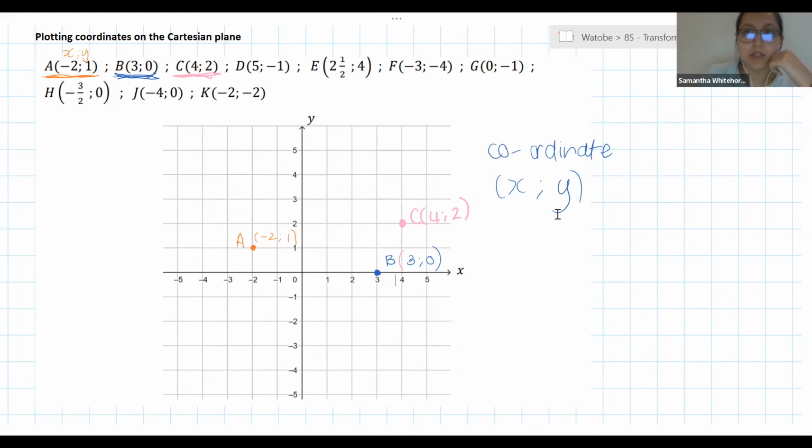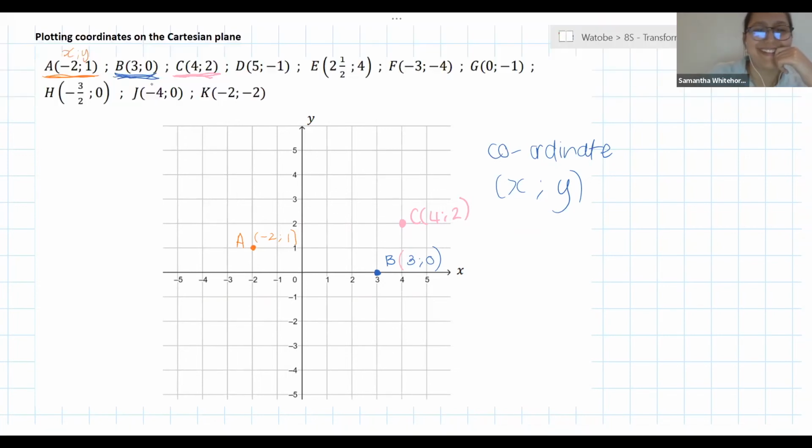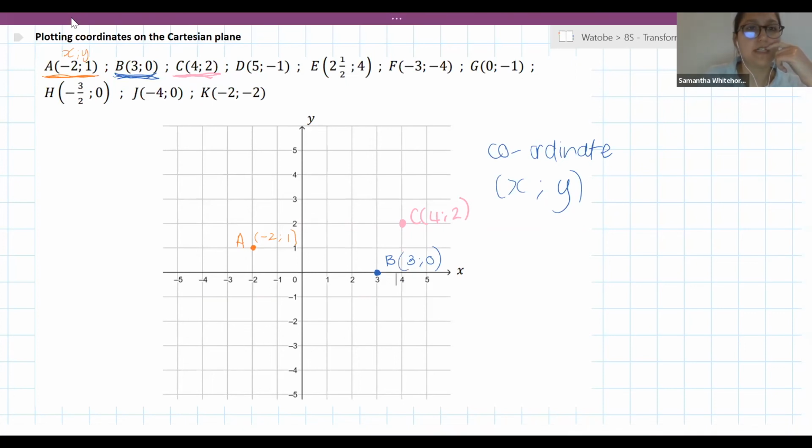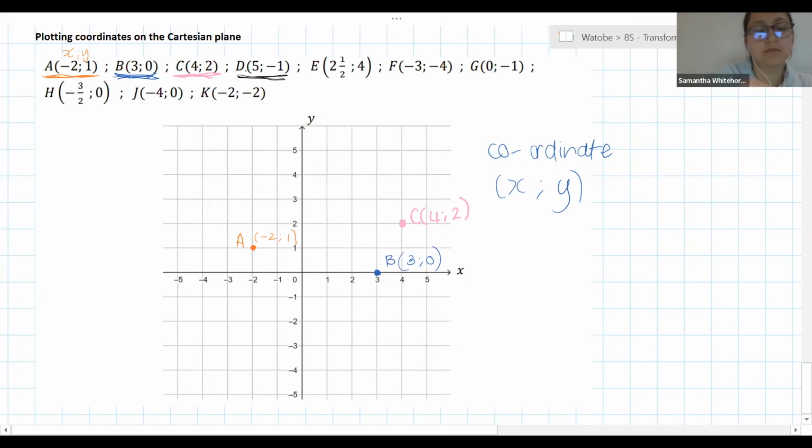Palesa, is that a question? No, ma'am, I wanted to answer. Okay, do you want to try coordinate D for us? Yes, please, ma'am. On the x-axis, we're going to go to 5, and then on the y-axis, it's going to go to -1, down. Good. And where they meet each other, we plot our point D. Excellent. Thank you.